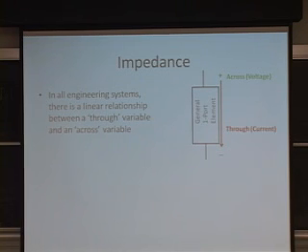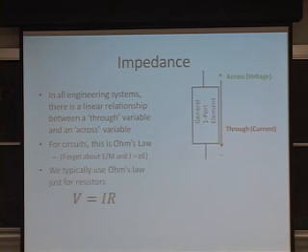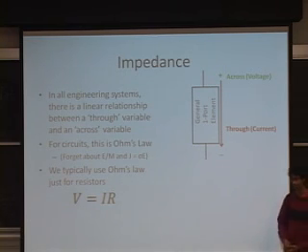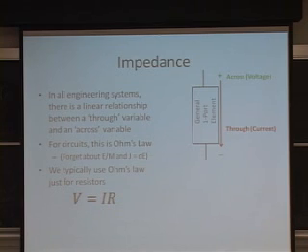You can have some variable that's across it and through it. And in our circuits, we just deal with Ohm's law, voltage and current. So over all of our elements, resistors, capacitors, inductors, we have a voltage across the element and a current through it. And for resistors, they're easily related through Ohm's law, V equals IR.